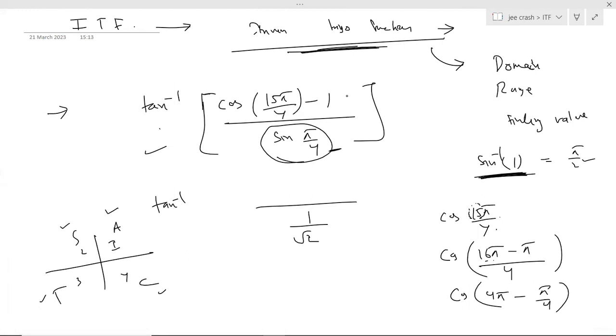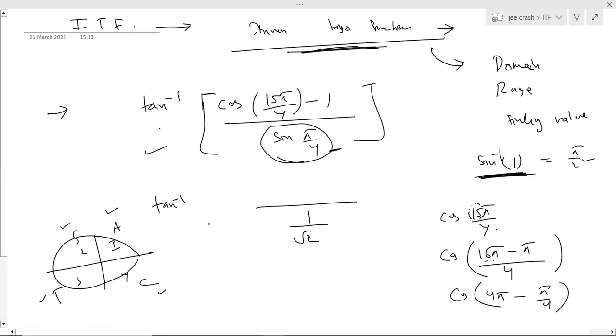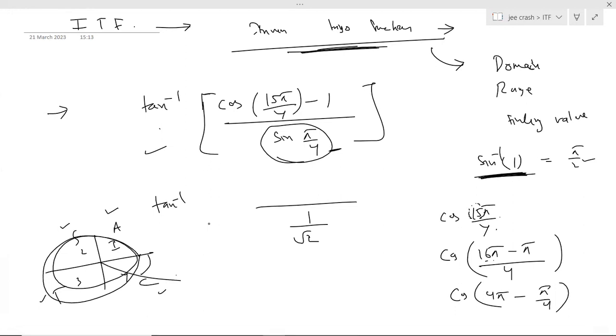Everyone, this concept is clear? Yes, sir. All right. So 4 pi minus pi by 4 will lie in the fourth quadrant. And if it is a multiple of 2 pi, cos will remain cos, and the angle will be pi by 4.